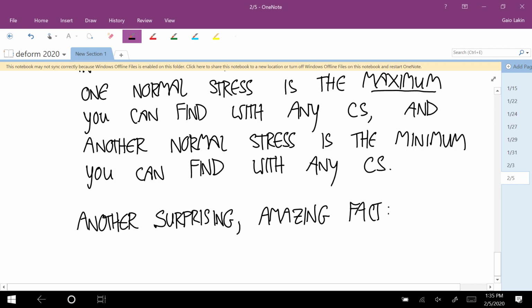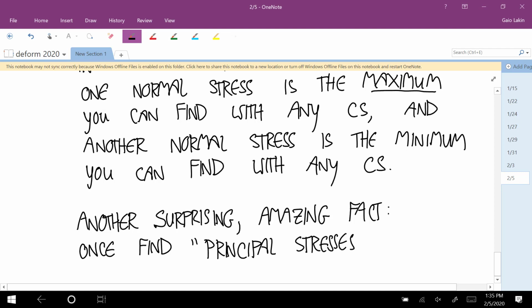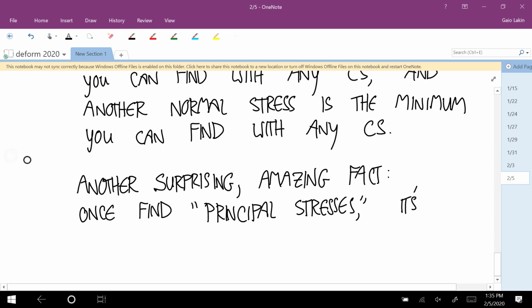Once you find those principal stresses, it's easy to calculate the maximum shear stresses that you could find with any coordinate system.